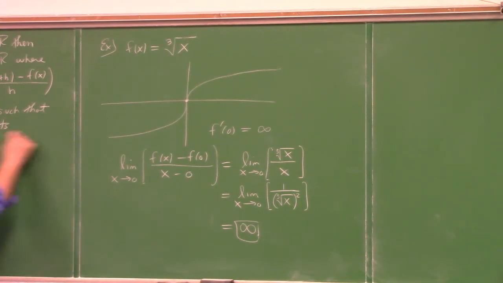So all I'm really saying is that the derivative function is itself defined by the derivative at a point. That's the new function. And we have other notation that we use for this. So f prime of x, of course, we can also denote by df dx. We also denote this by d dx of f of x.